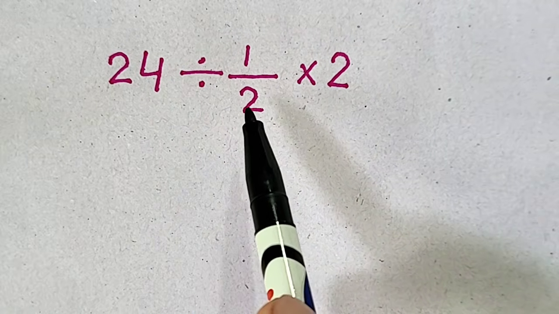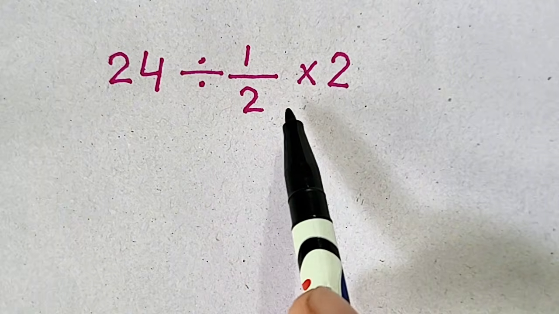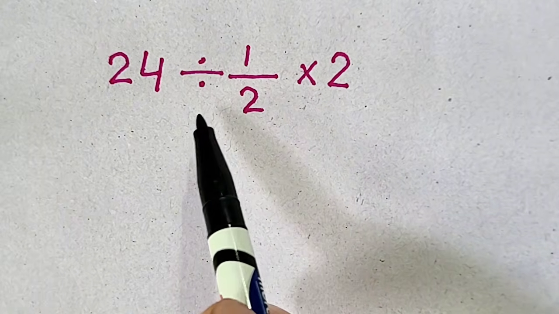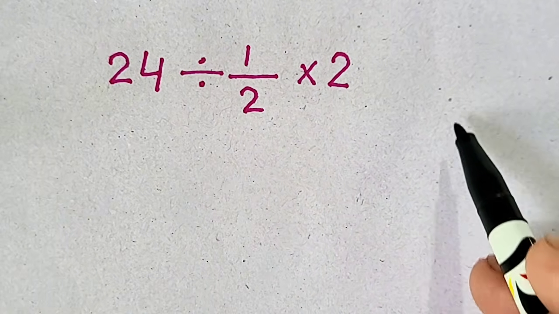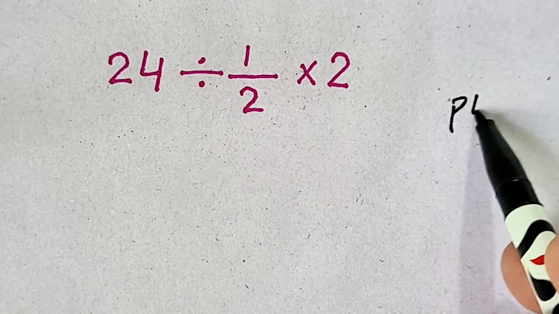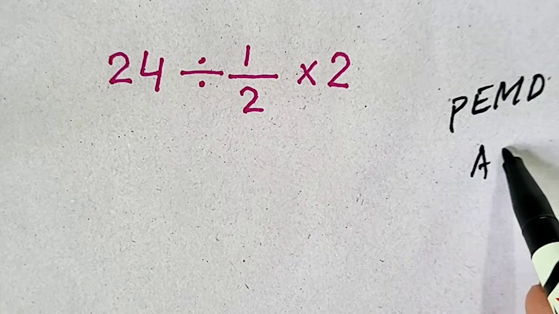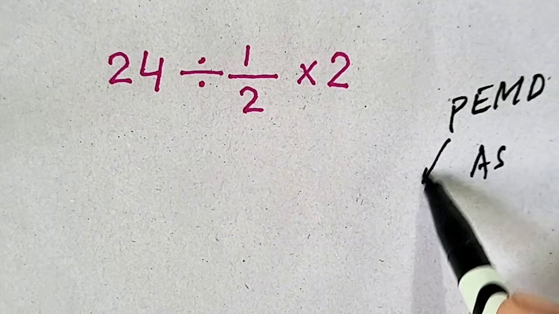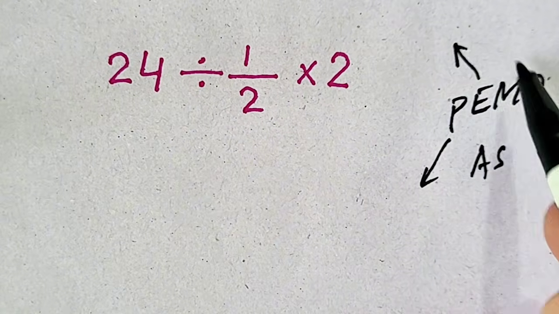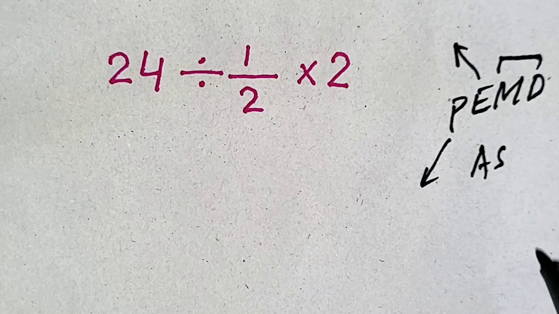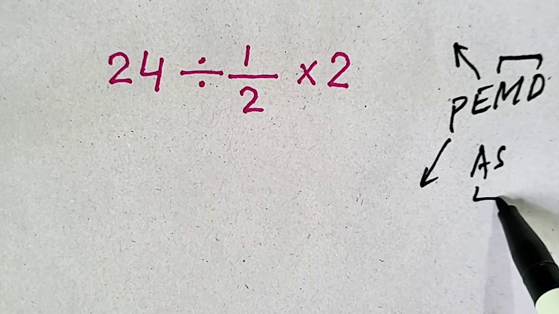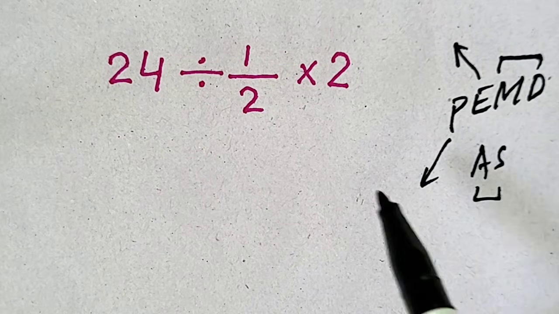We have to follow the order of operations to solve this question correctly. According to PEMDAS: parentheses, then exponent, then multiplication and division, and finally addition and subtraction.